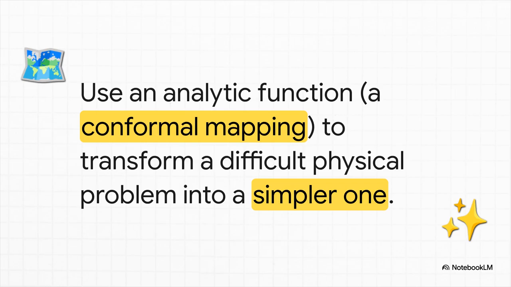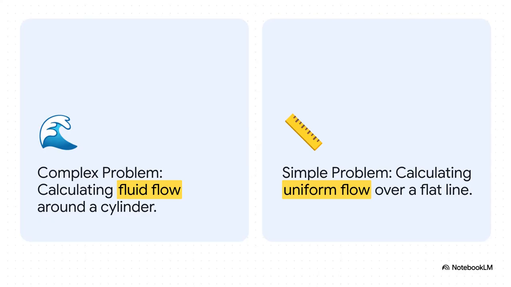So here's the genius strategy. You take a physical setup that's really hard to analyze, maybe it has a complicated shape. Then you find the right analytic function, your transformation machine, to warp that difficult shape into something incredibly simple. For example, figuring out the path of water flowing around a round pipe, that's a nightmare. But there are analytic functions that can mathematically unroll that pipe into a simple flat line.